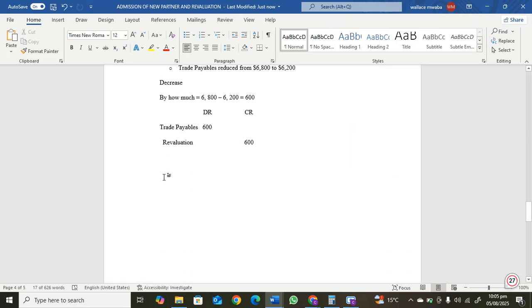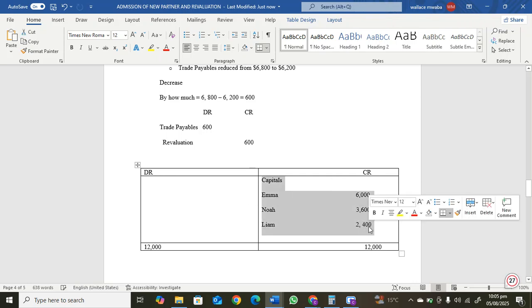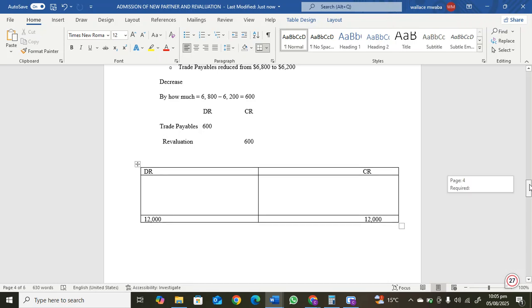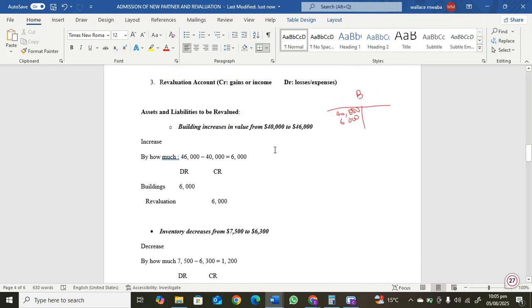Then you open up the revaluation account. So our first entry: debit buildings, credit revaluation 6,000.